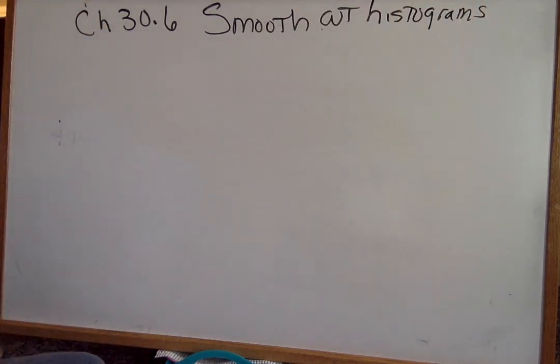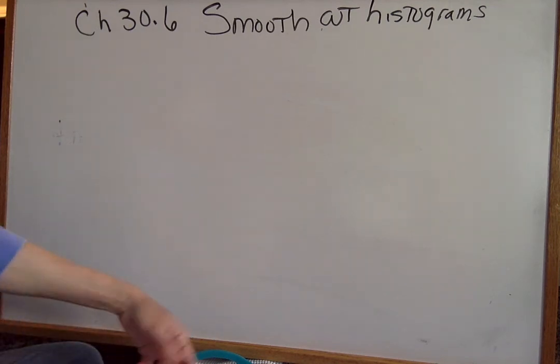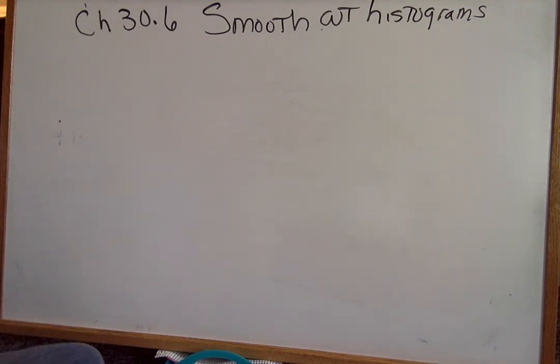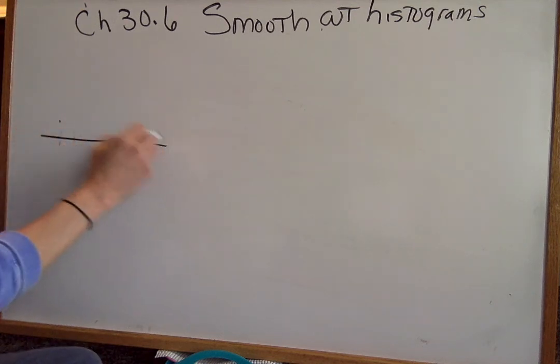So most books will call it smoothing out histograms, but again, you can smooth out a stem and leaf or a dot plot. The idea is trying to look at a graph and see if it has some general shape. Some data sets don't have a particular shape, and that's okay. But there are some shapes that do seem to come up a lot, and so of course we gave them names.